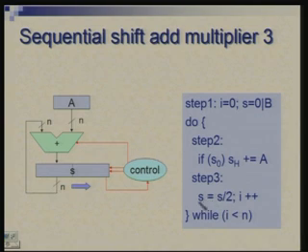There is no B register now. So S becomes S by 2, which is a right shift, and rest of it remains same. So this is the final circuit which I will leave at. It requires one 2n bit register, one 1 bit register, and a single n bit adder. Any questions about this?